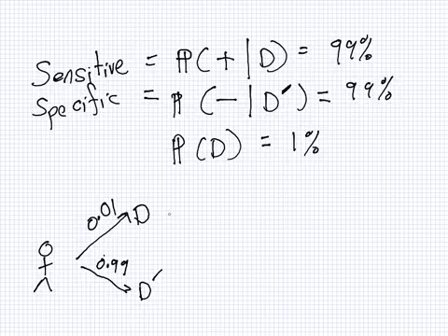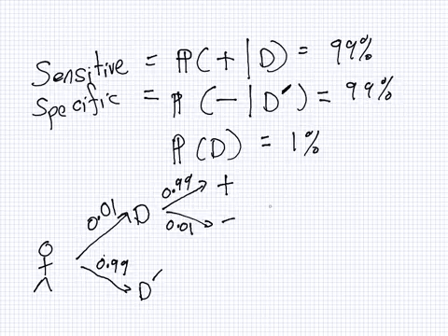Now, if they have the disease or if they don't, it doesn't matter. They think they have the disease, so they go to the doctor in both cases. If they have the disease, what's the probability that the test will be positive, that it says they have the disease? 0.99. And the test will say negative, 0.01.